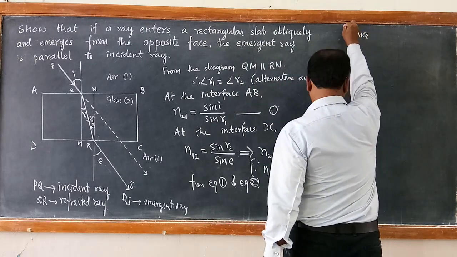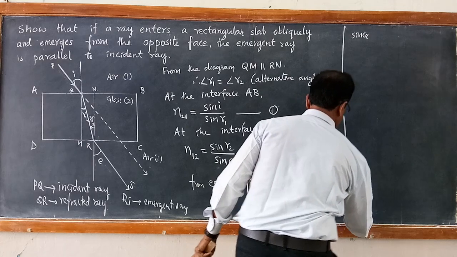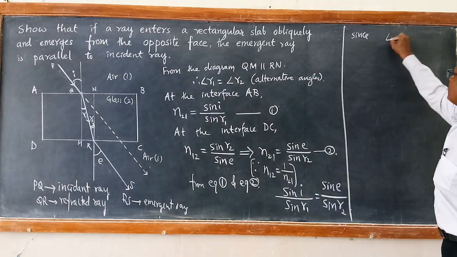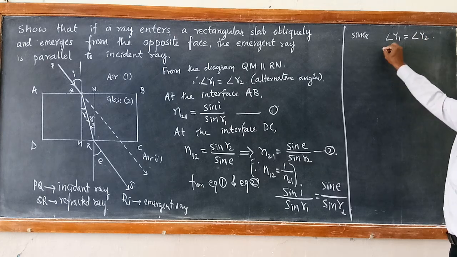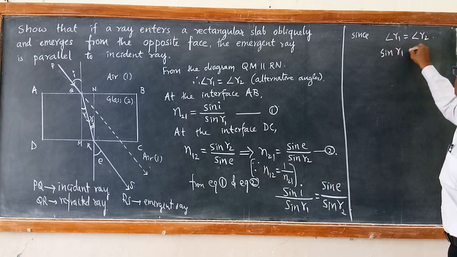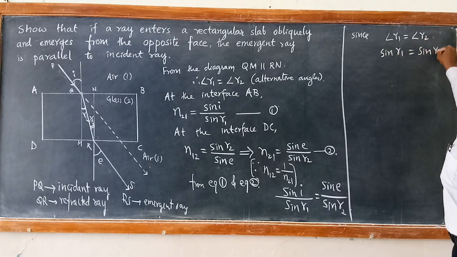Since angle R1 is equal to angle R2, therefore sin R1 is equal to sin R2.